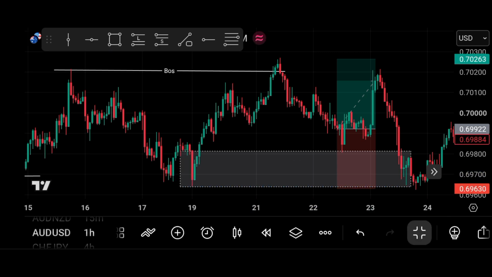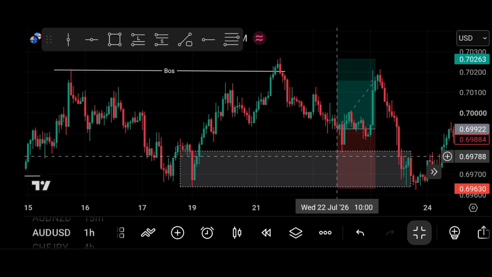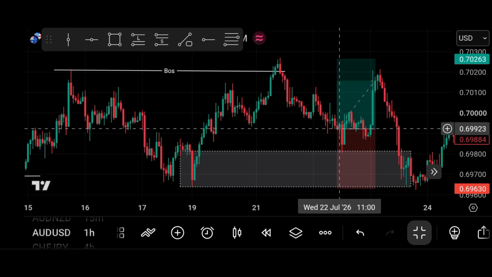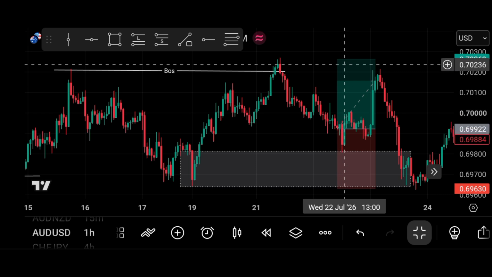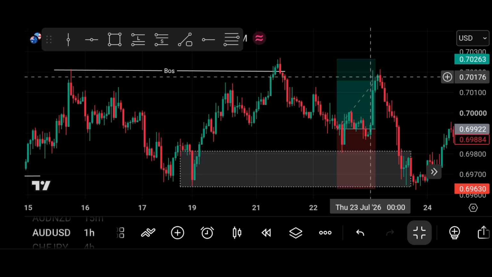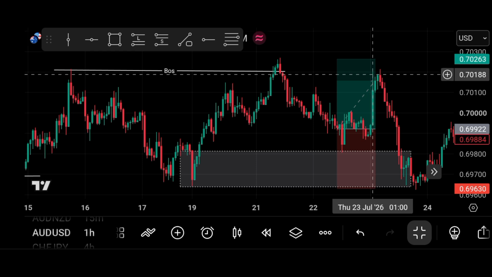Now after price tapped into the demand zone, I entered here, and my target was supposed to be here. Nonetheless, I had to exit this position, first of all because it was getting too late, so I exited it halfway.